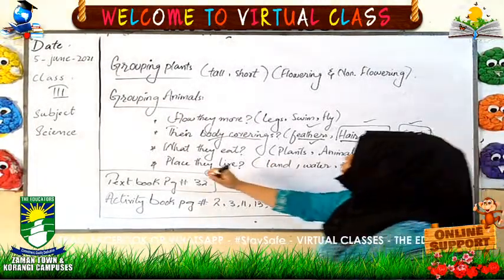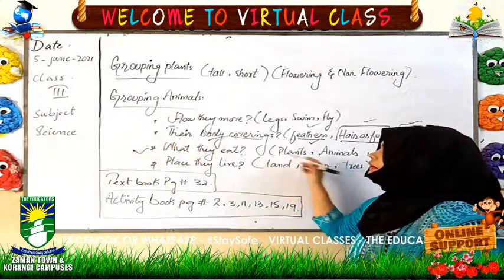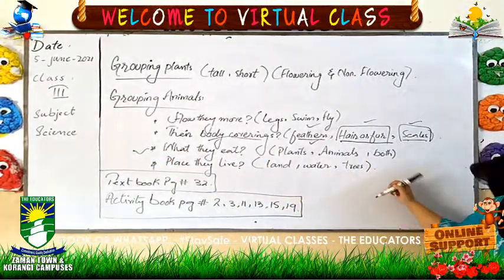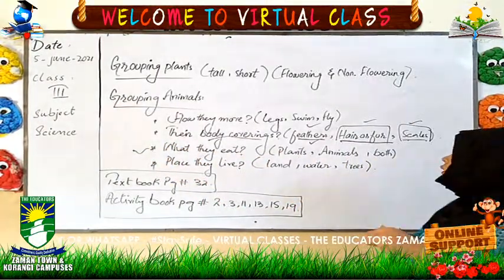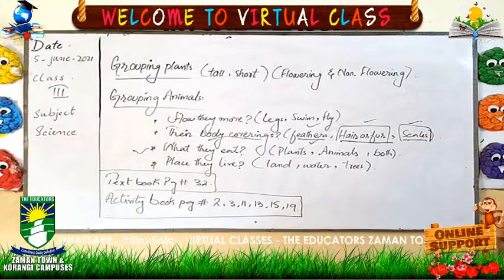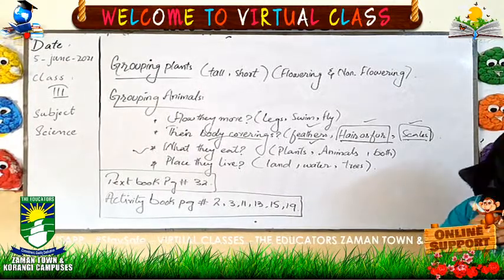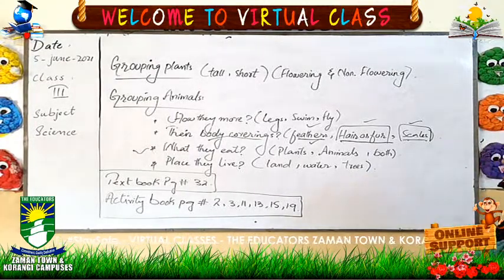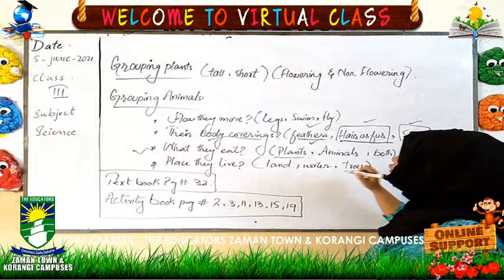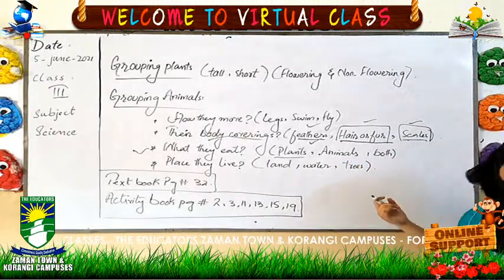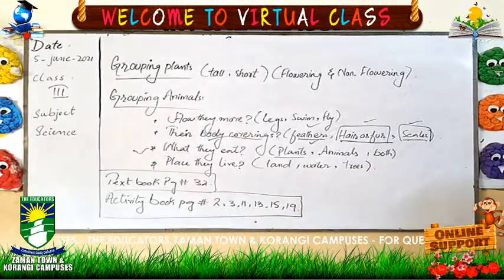Now let's move toward what they eat. Now we are making groups according to their food, according to their meal, that is what they eat. Okay. There are some animals which eat plants.